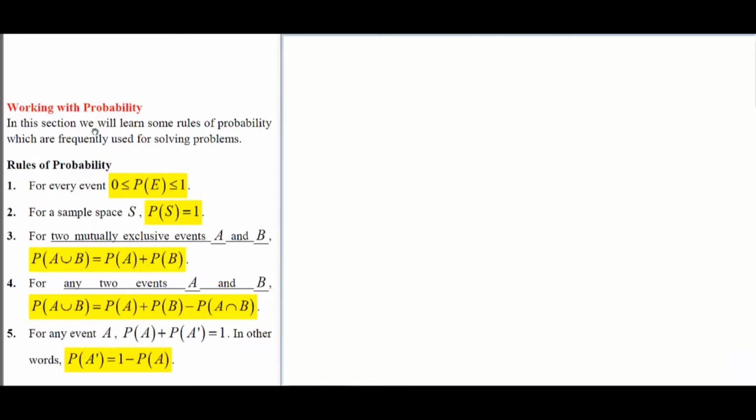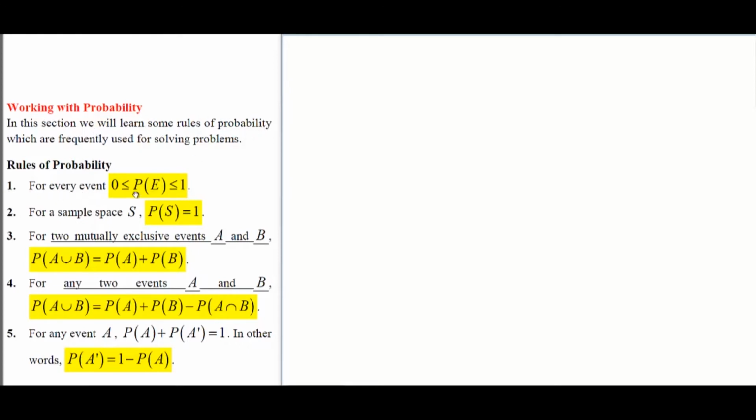Working with probability, we studied what probability is and how we can calculate the probability of events. In this section, we will study some rules for probability that we generally use for calculating the probability of events.